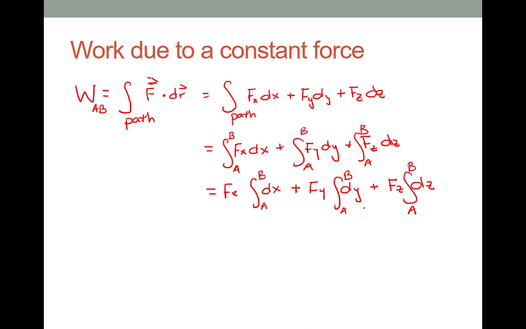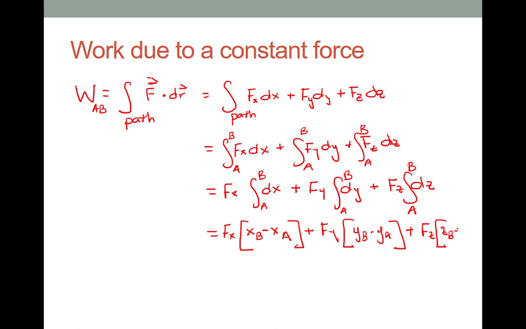Well, that is going to equal f of x times the x position at B minus the x position at A, plus f of y multiplied by yb minus ya, plus f of z times zb minus za.